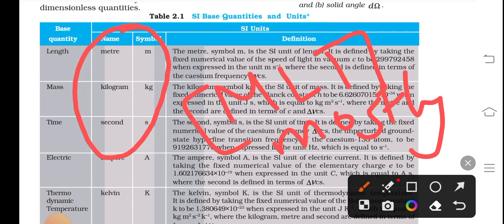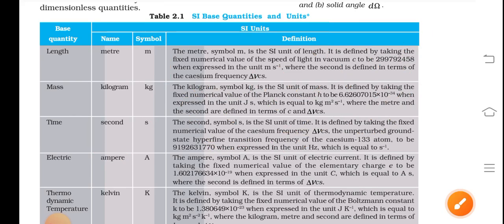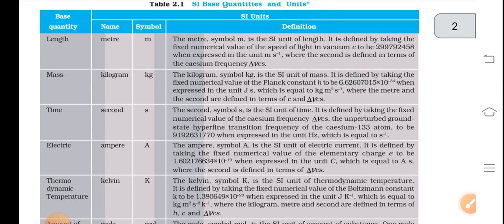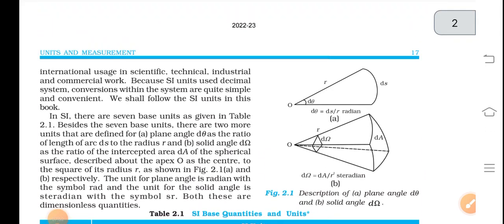For different formulas, sometimes we use theta even, but that is very rare. Mostly we use MLT only. Okay, so this point you should know. One thing you should note.